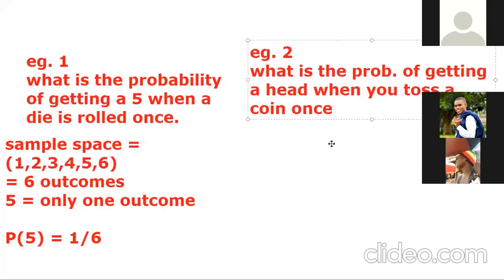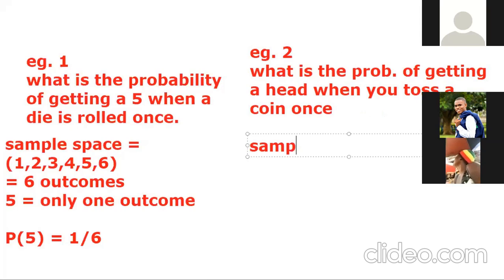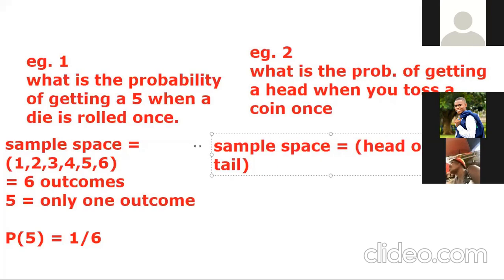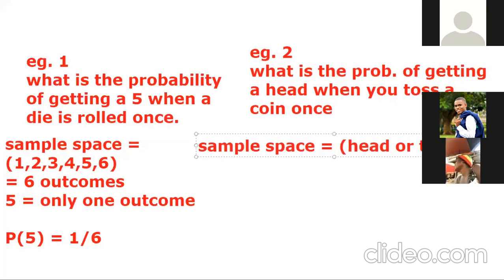When you toss a coin once, our sample space will be equal to either we get a head or we get a tail. Therefore, our total number of outcomes in this sample space is head, which is 1, and tail, which is 2. So our total number of outcomes in this sample space is 2. That's why in the first example, our total outcomes is 6.